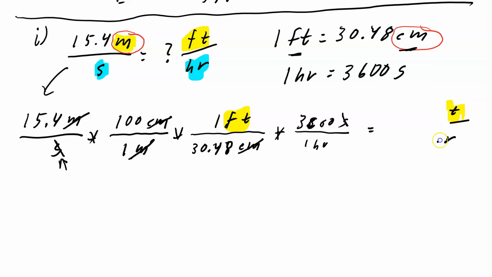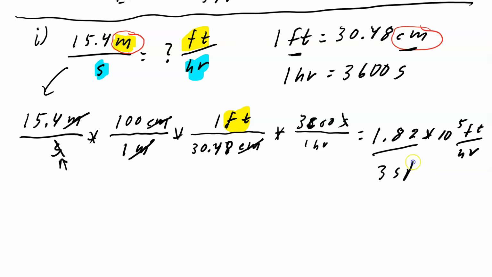And again, let me erase my answer units because it's going to be a big number. I'm going to put this in scientific notation. So doing the multiplication here, I get a value of 1.82 times 10 to the 5th feet per hour. Again, our 3 significant figures for our answer, I've already rounded to the correct number.